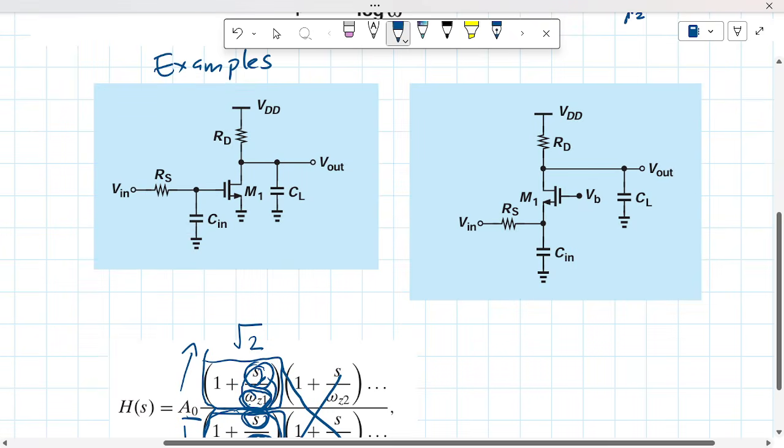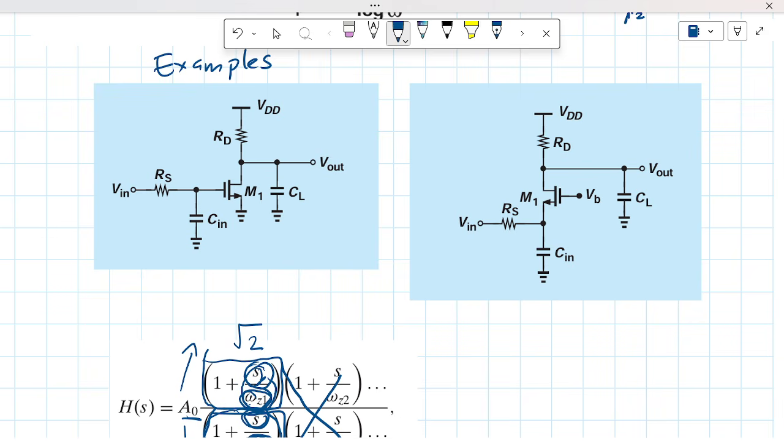From what we've learned in the common source stage, we realized that we could use a node to easily identify poles. If we had a node, then for any resistance from the node to the ground, we set voltage sources to 0. So if I set this particular voltage source to 0 by short circuiting it, then I identify this node and try to find out if I can find a pole.